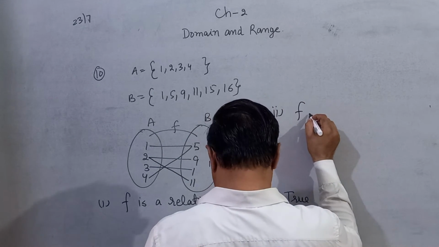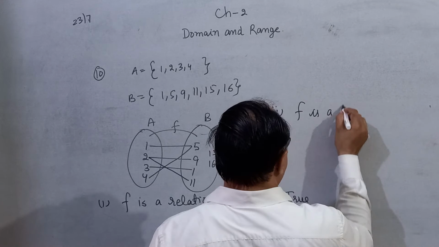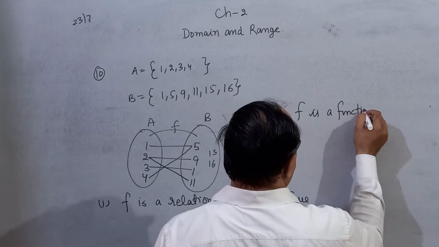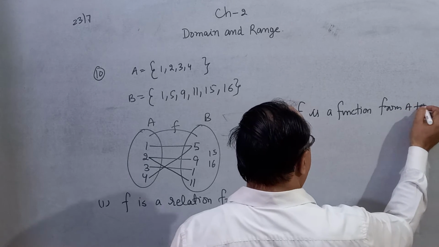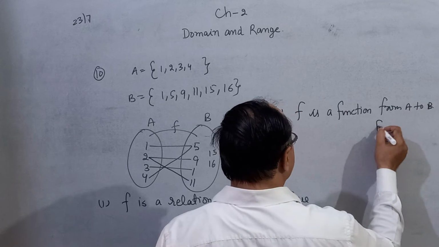Second part of this question: F is a function from A to B. It is false.